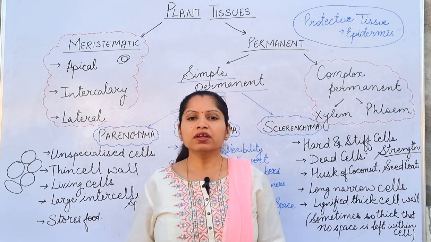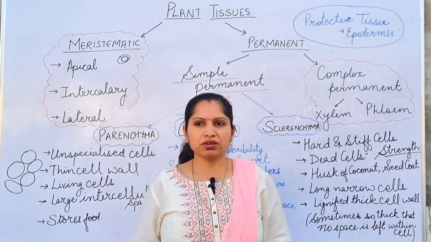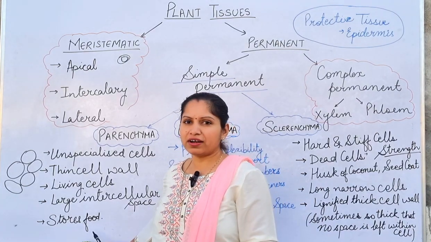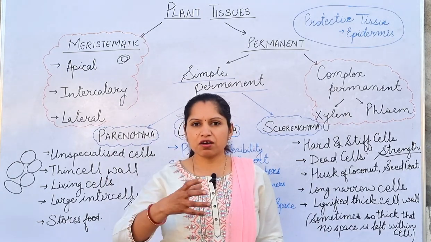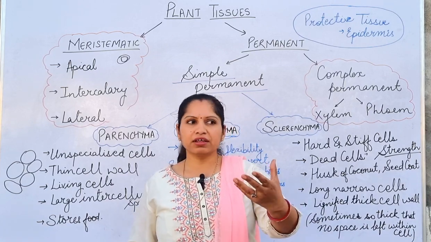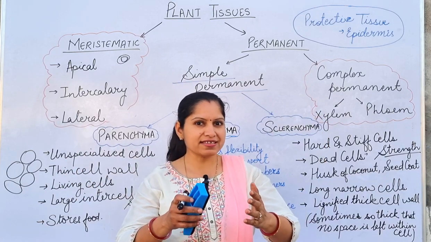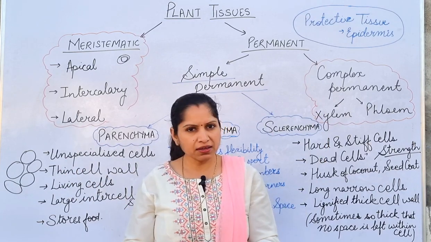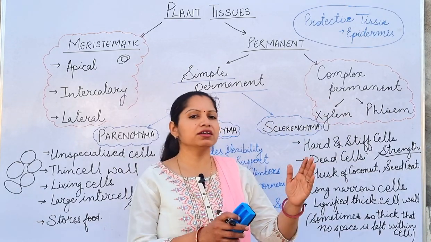But in a tissue, if different types of cells are there, okay, sometimes during your annual function, students from different classes come up and do a particular function. They perform something in common. So when different types of cells are there and they perform the same function, then that is known as complex permanent tissue.